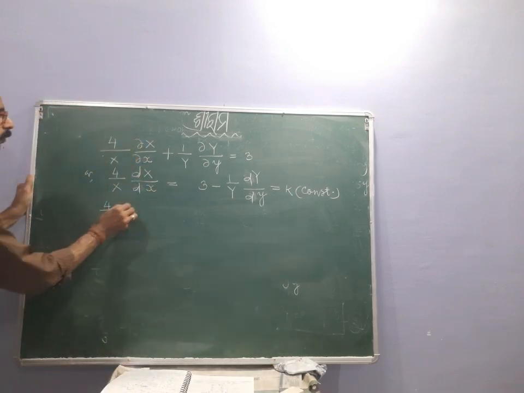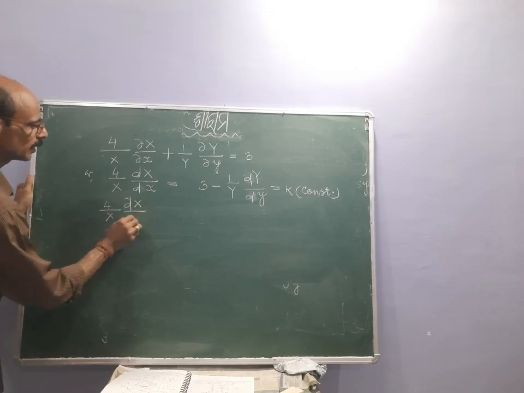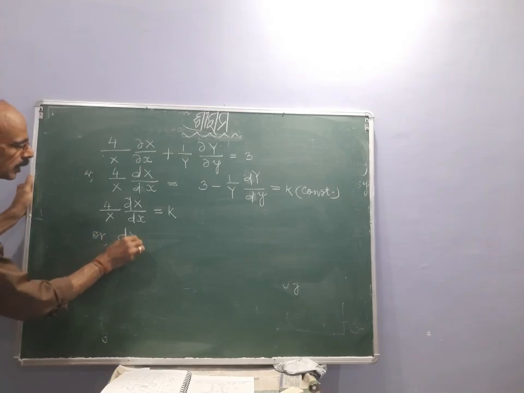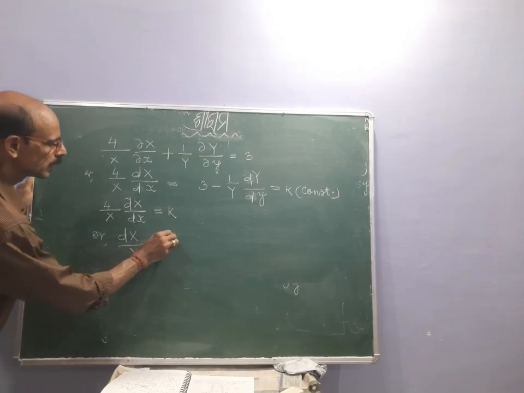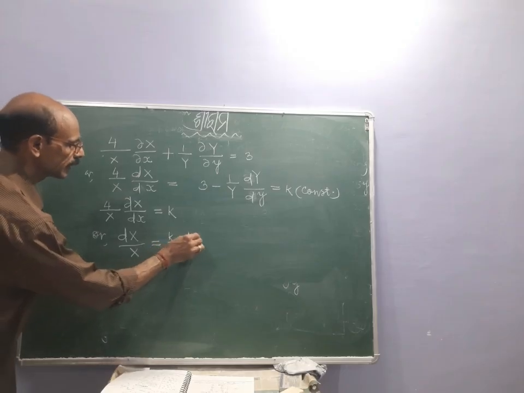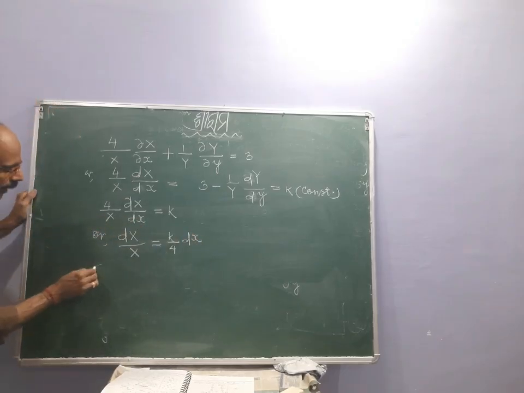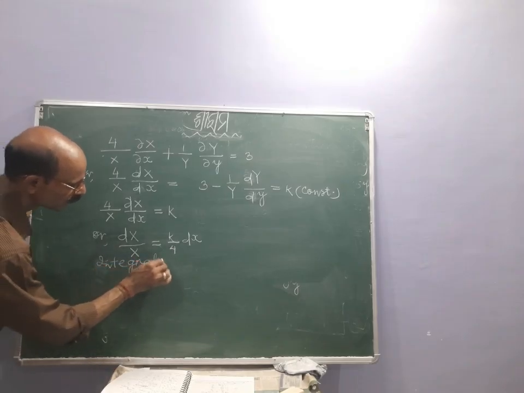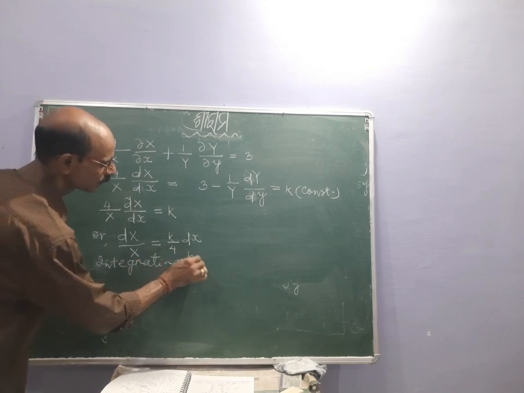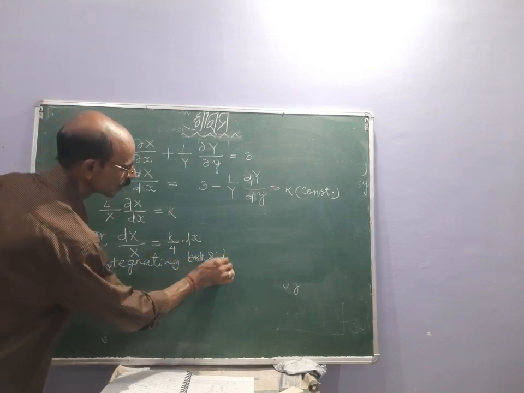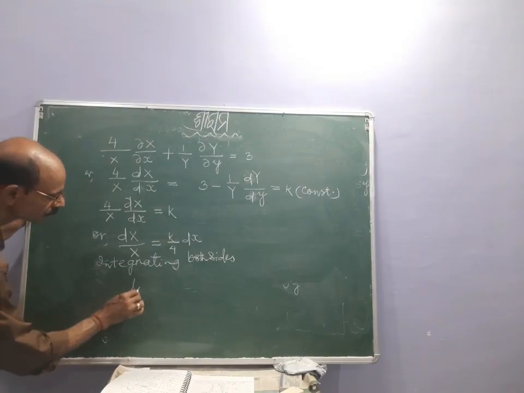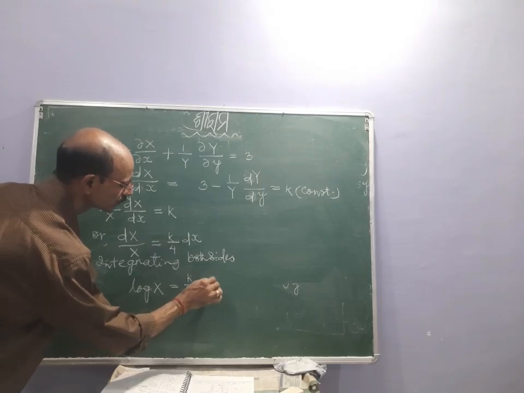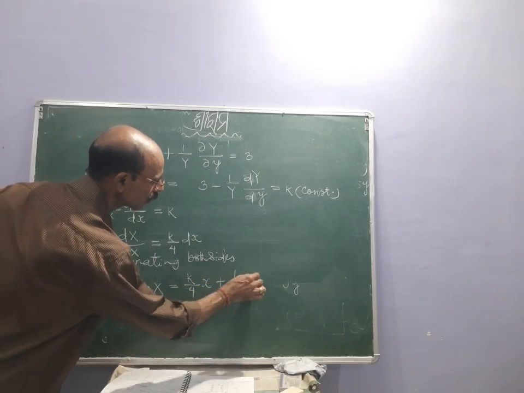Now equating, 4 by X dX by dx is equal to k, or dX by X is equal to k by 4 dx. Now integrate both sides. Integrating both sides, I have log X is equal to k by 4 x plus log c1.